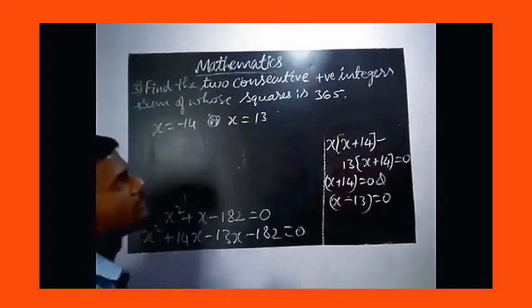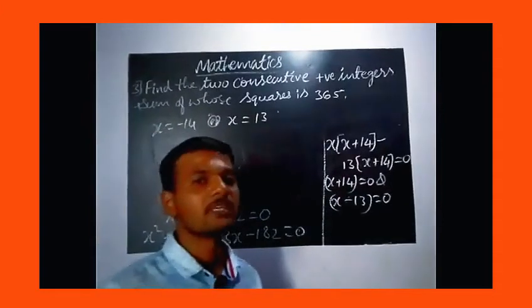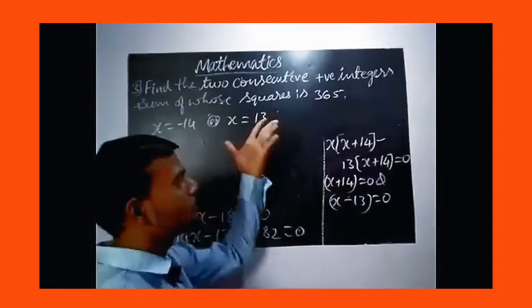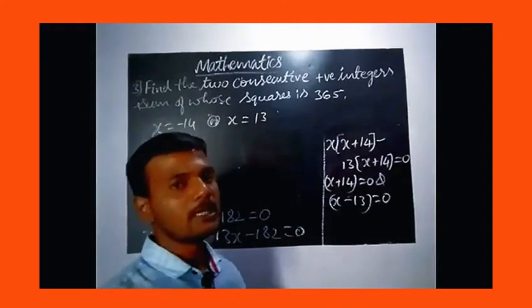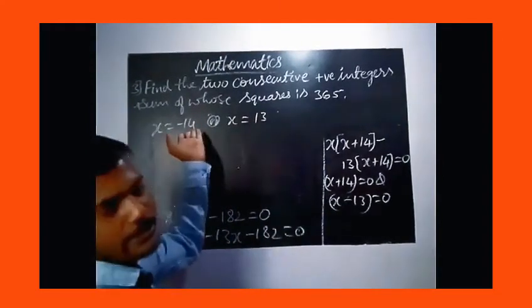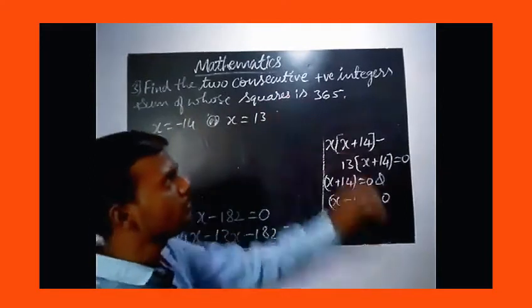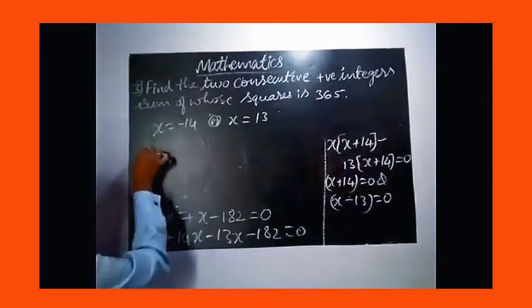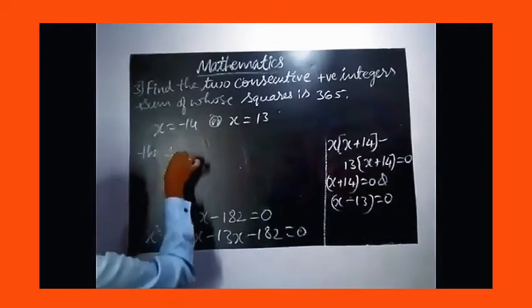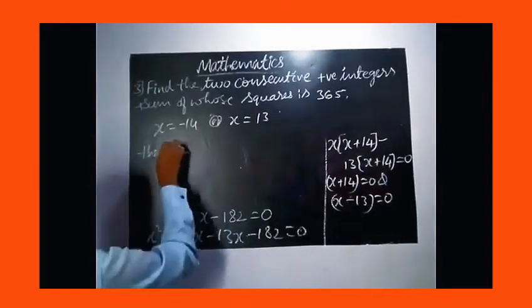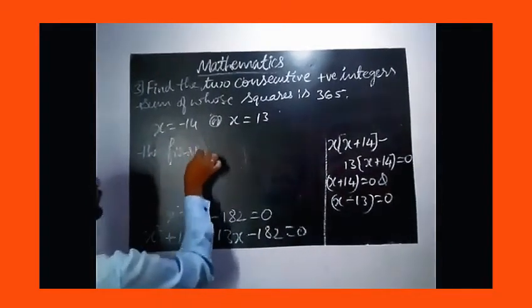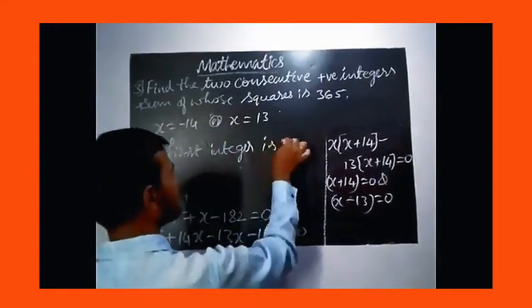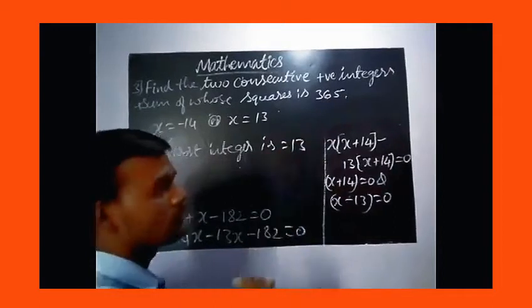So the integer must be positive. Here you need to consider only x is equal to 13, because x is equal to minus 14 is a negative integer, so we have to consider positive integers only. So the first integer is 13, because x is equal to 13 we have taken.